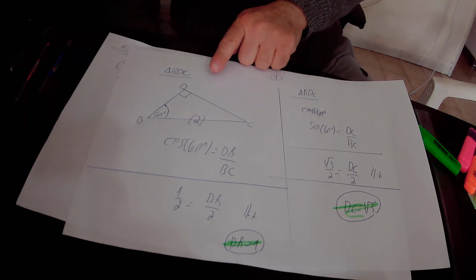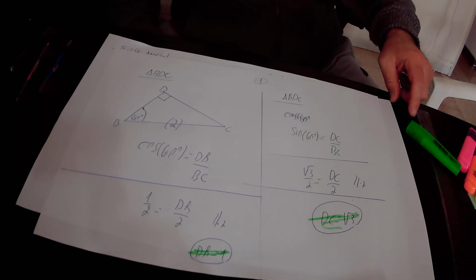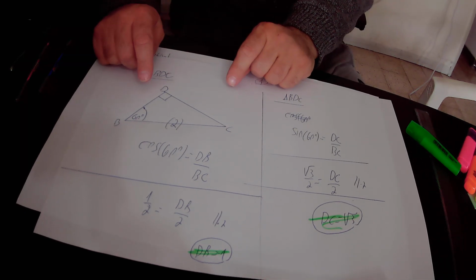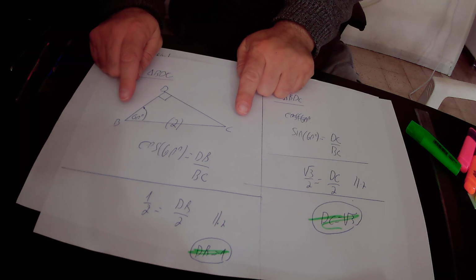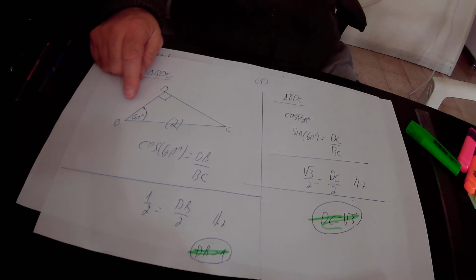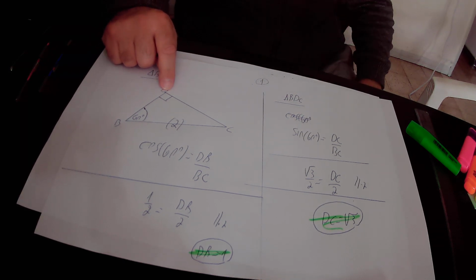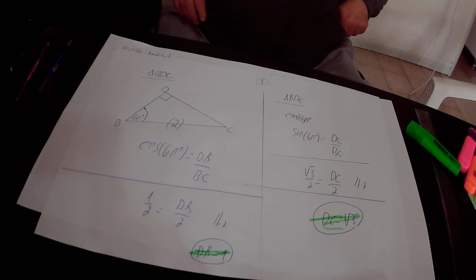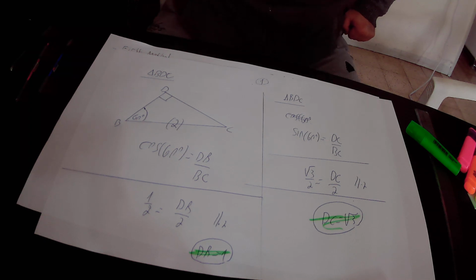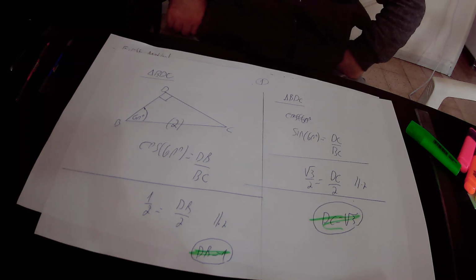This is the right triangle BDC that I copied from the original drawing. Angle DBC equals 60 degrees and side BC equals 2 units according to what is given in the question. This angle equals 90 degrees according to our construction. In the right triangle BDC, cosine 60 degrees equals BD over BC.